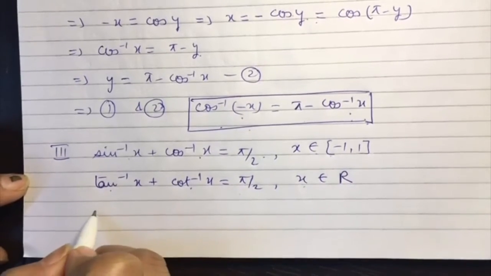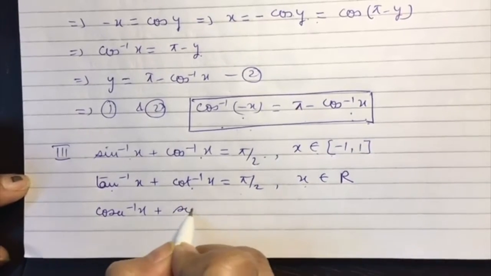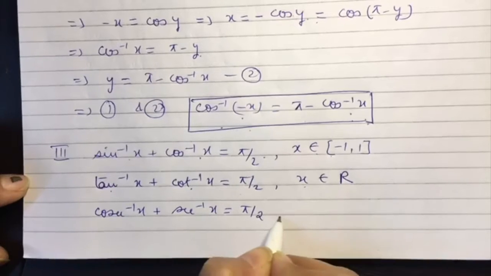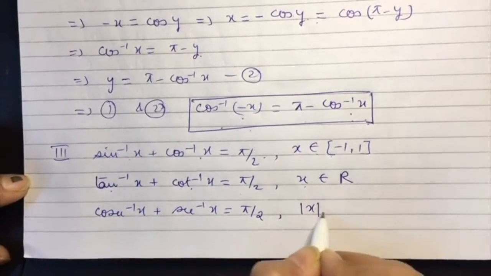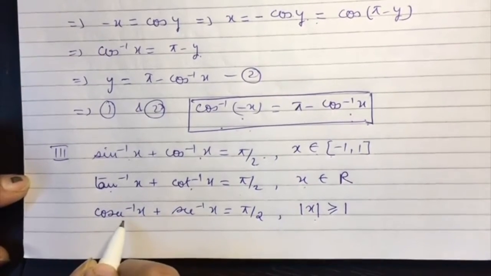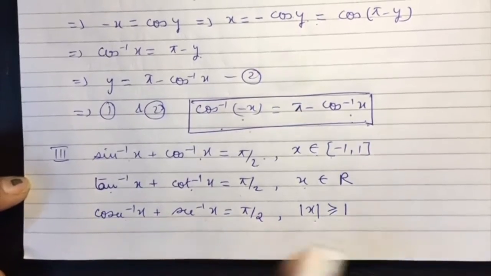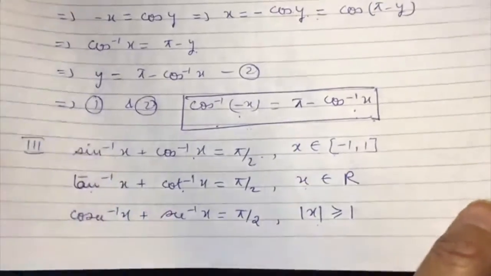And the third result is cosec inverse x plus sec inverse x is equal to pi by 2, for which mod of x should be greater than or equal to 1, which happens to be the domain of cosec inverse and sec inverse. Now let's quickly do the proof of these results before proceeding further.